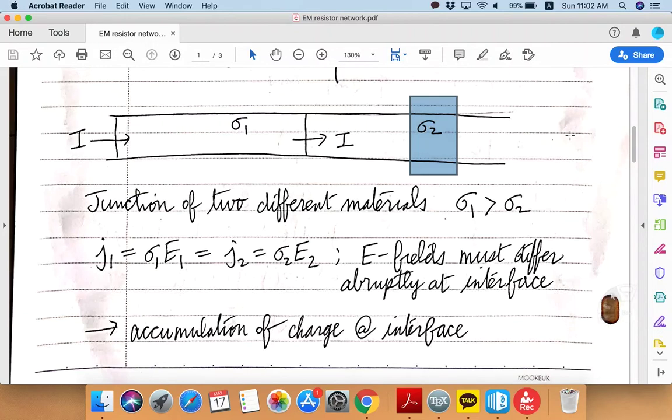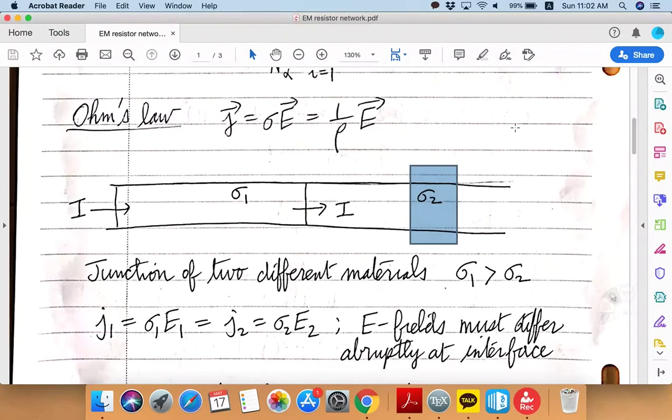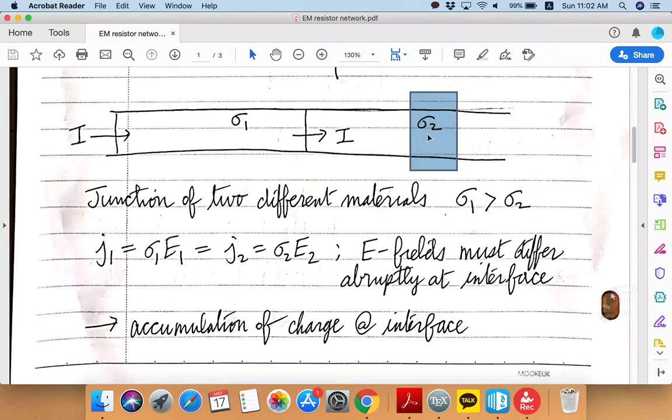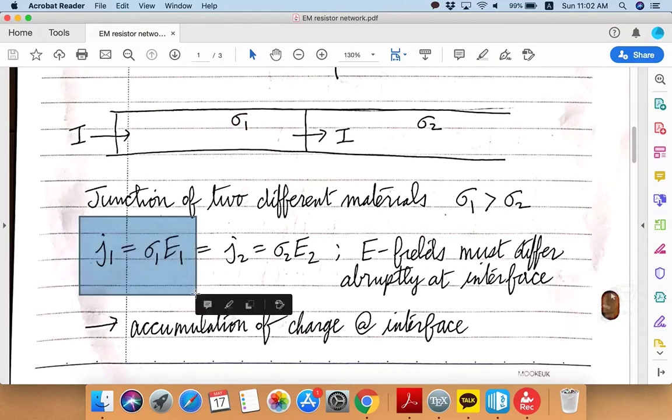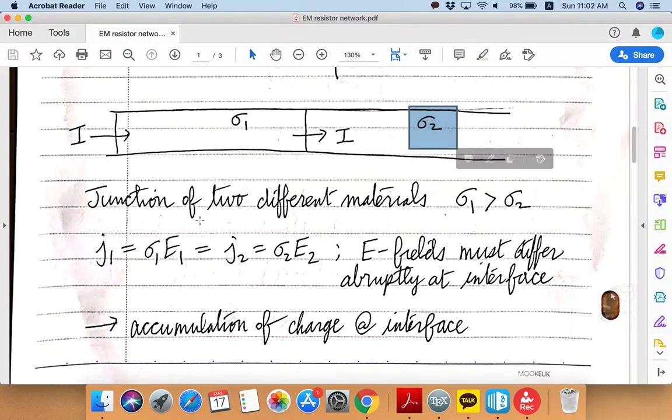Okay, so according to Ohm's law, and also according to the fact that you must have exactly the same current flowing in as flowing out, you arrive at these equations. If you apply Ohm's law on this side of the wire, then you will have this relation. And if you apply Ohm's law on this side, then you will have this relation.